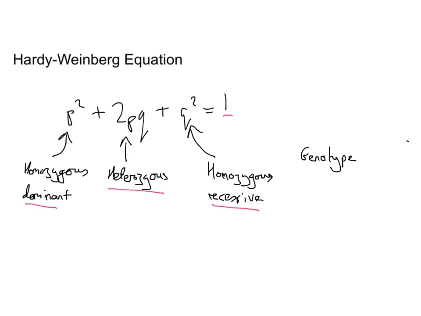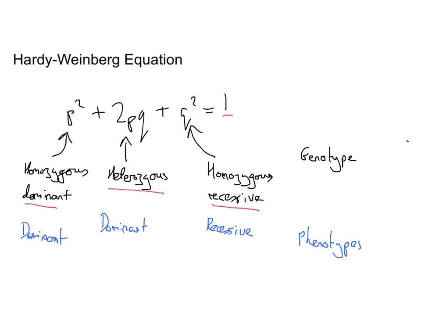If we now consider as well the phenotypes, p squared, being homozygous dominant, will have the dominant phenotype. 2pq, being heterozygous, will also have the dominant phenotype. q squared, homozygous recessive, will have the recessive characteristic.